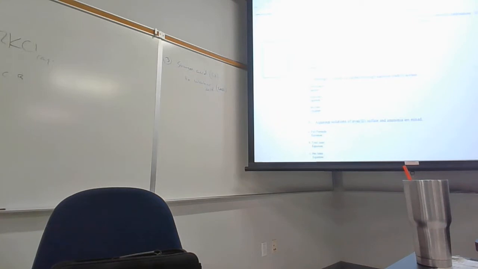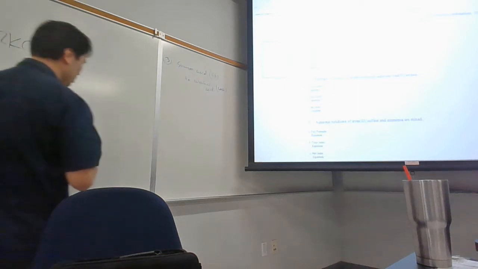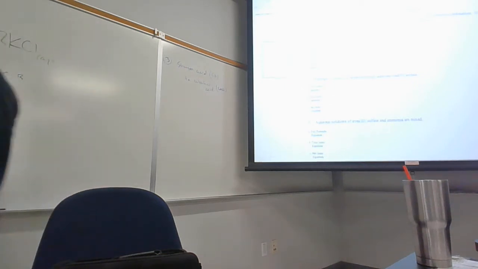So this is the full formula equation, and this is A. B is going to be the total ionic equation. The difference between the full formula equation and the total ionic equation is this. For the total ionic equation, we're going to dissociate the strong electrolytes only. The weak electrolytes and the non-electrolytes, just leave them alone.